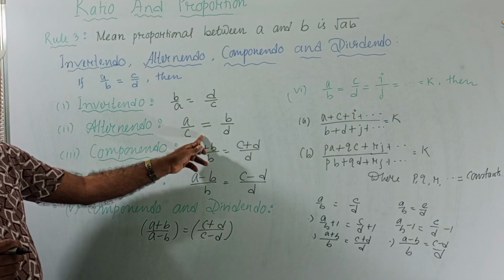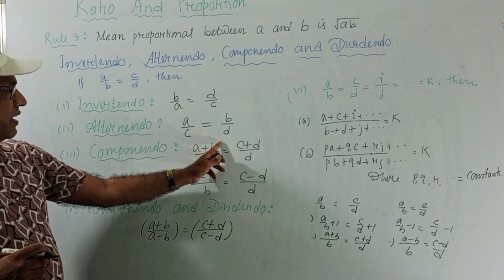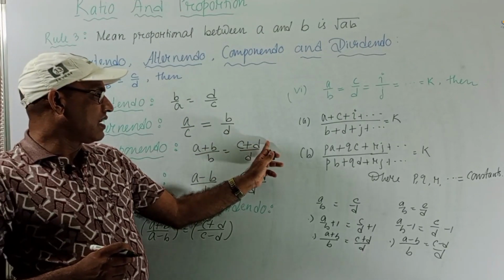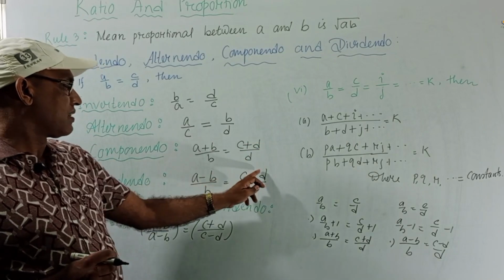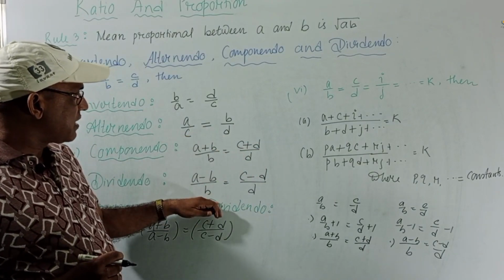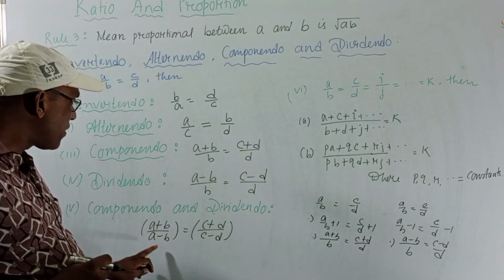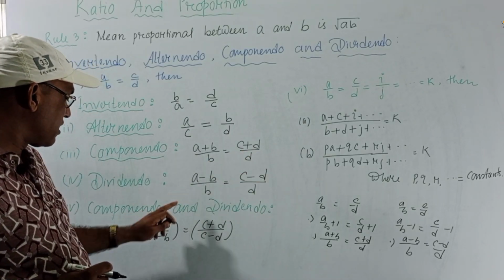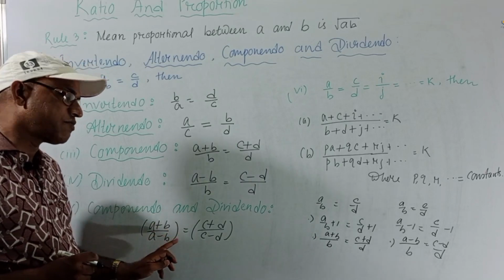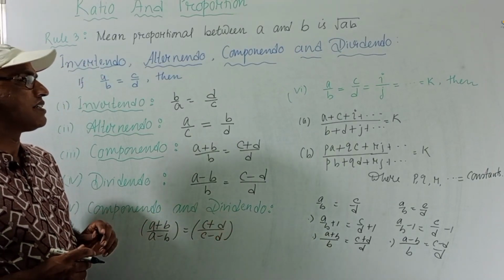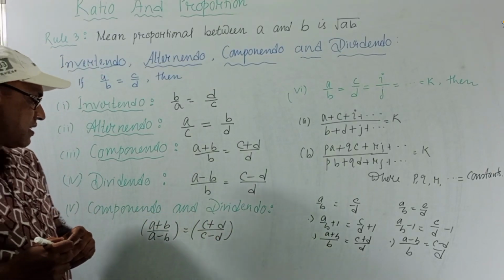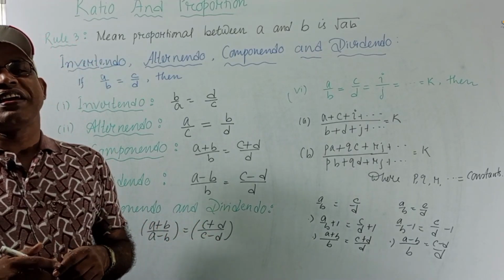Componendo means just adding B in the numerator, D in the numerator, and dividendo is subtract this. And this divided by this, B cancel, D cancel, we get componendo and dividendo: A plus B by A minus B, C plus D by C minus D. So this is componendo and dividendo.